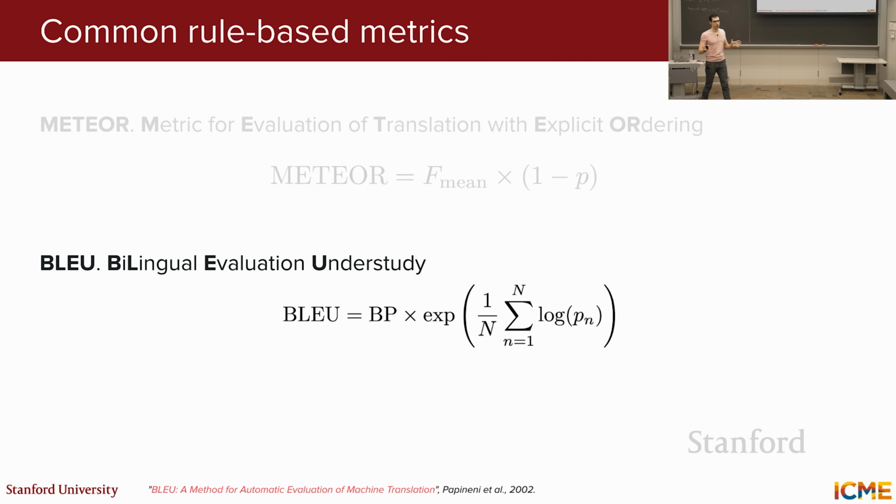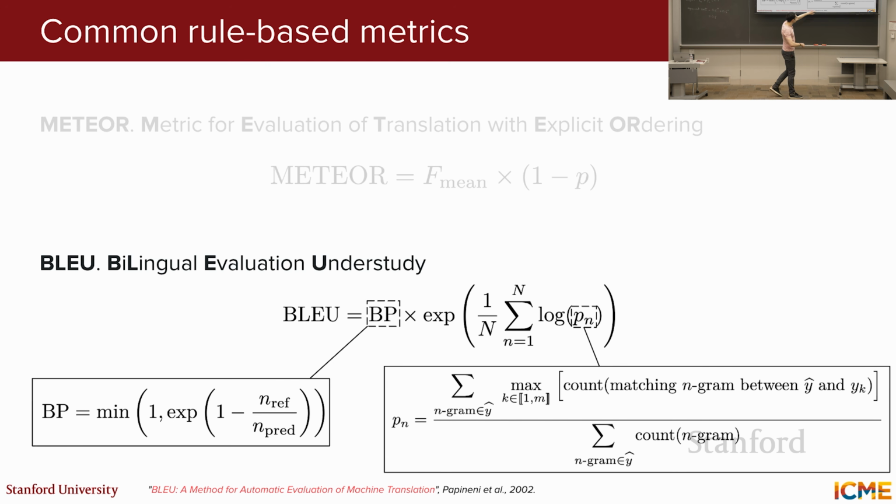So METEOR is one such metric. You have another one that has been used in translation tasks, which is called BLEU, which you may know. BLEU stands for Bilingual Evaluation Understudy. You can think of this as a precision-focused metric that looks at the number of matching n-grams over the n-grams that are in the prediction, which is why it's a precision kind of metric.